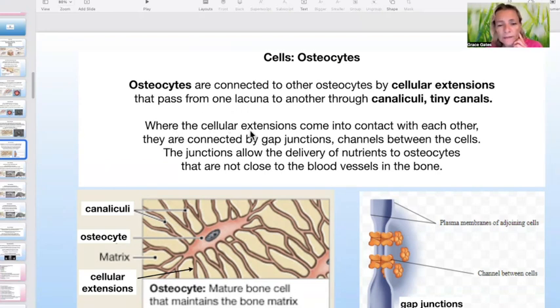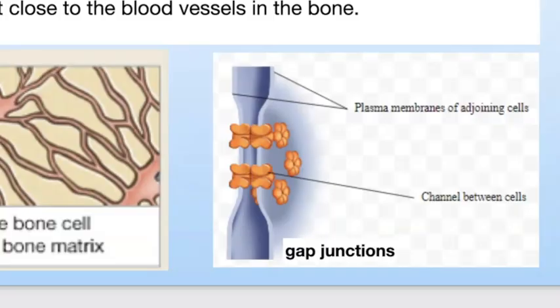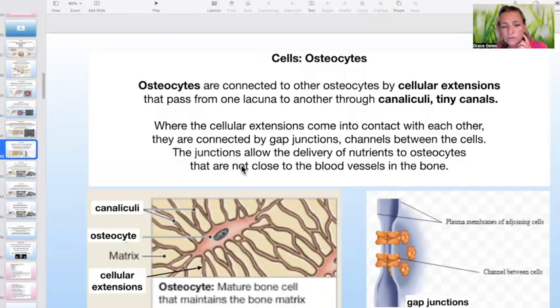When the cellular extensions come into contact with each other within these tiny canals, they are connected by gap junctions, channels between the cells.